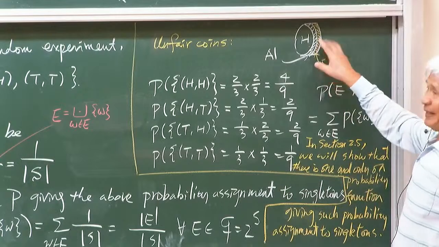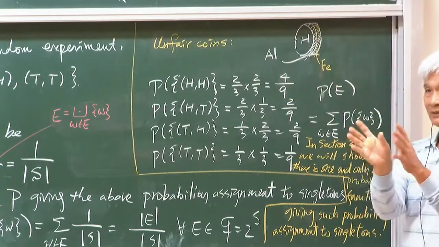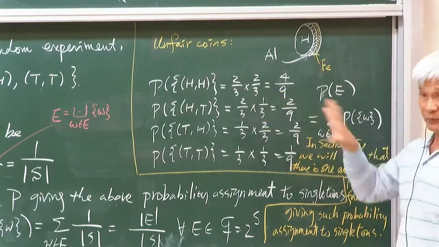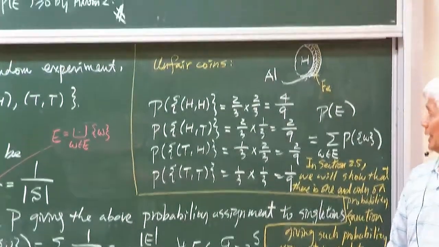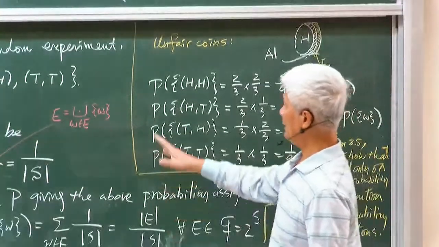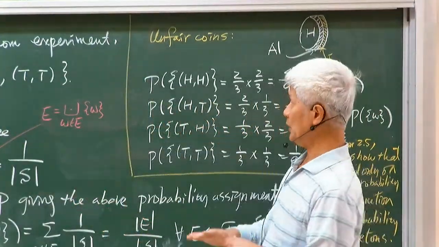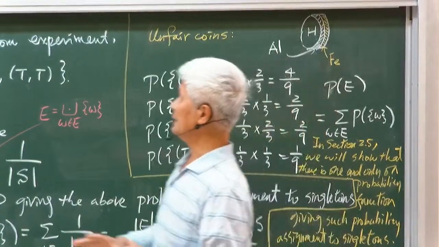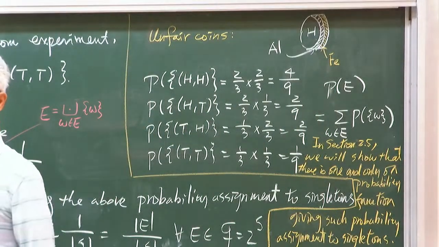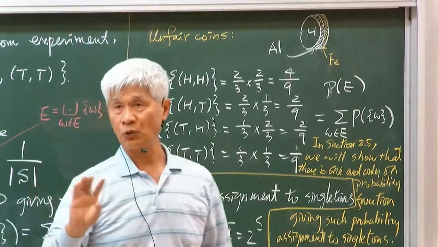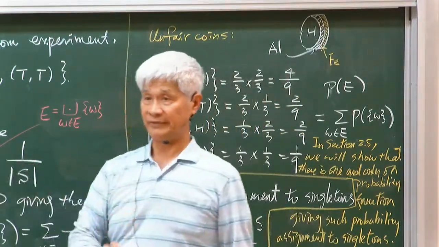Okay, so if the metals making up the coins are different in structure, then the probability will change. So anyway, different random experiments, even though they seem to be the same, if you use coins with different qualities, then the probability assignment will be different.